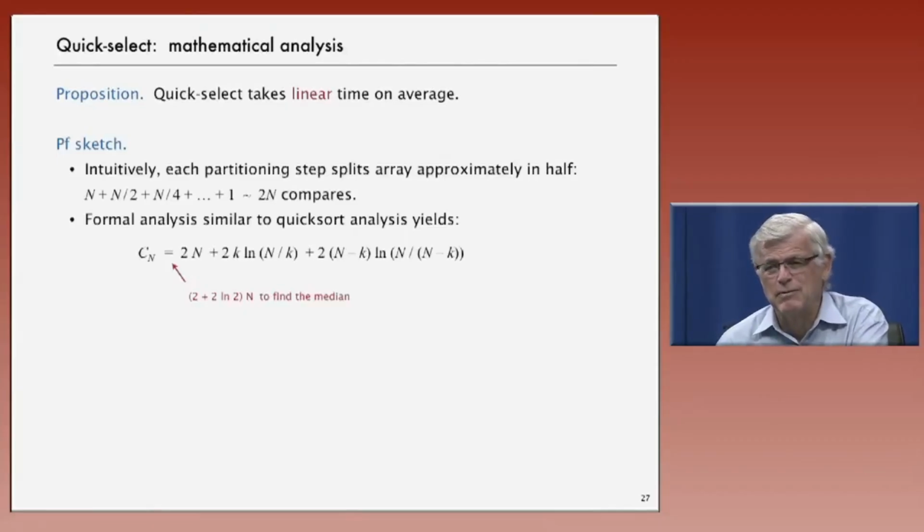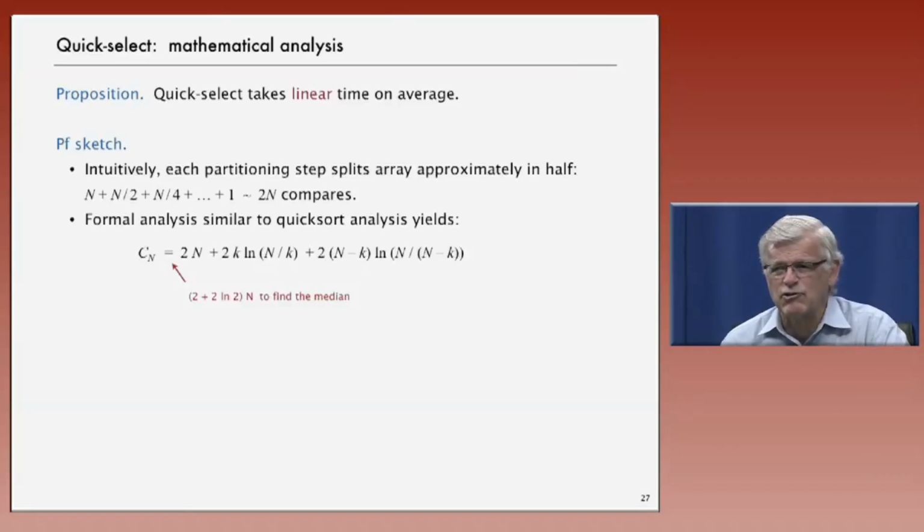It's actually quite a bit more complicated than the one just done for QuickSort. But intuitively, we can see kind of what happens. Each partitioning step maybe splits the array approximately in half. So that means, if it did exactly in half, you'd have n plus n over 2 plus n over 4 and so forth, which adds up to about 2n compares, so linear cost.